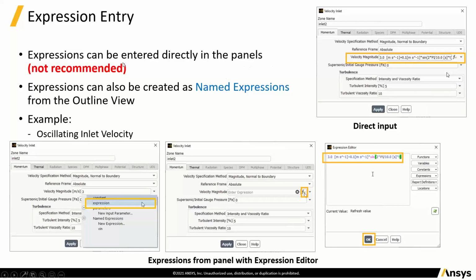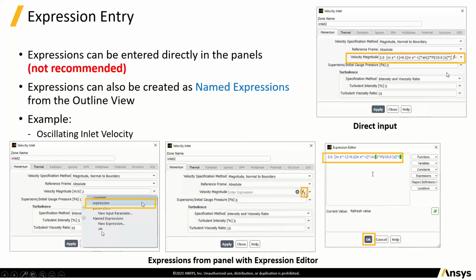So by far, I think the best way of using expressions is to use the expression editor, and then when you come to actually use an expression somewhere, so this velocity is going to be changed to an expression, you can put a new expression, but also any existing expression that reduces to the correct units will show up in the list.